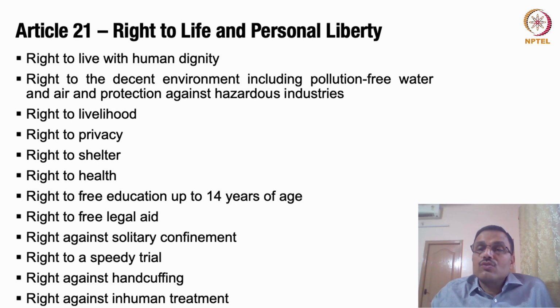Right against inhuman treatment. Of course, there are so many first degree, second degree tortures which are done by the police and by the jailers at times in the prison and in custody. Sometimes they have this tendency of misusing the power because they're within the four walls of the police station. So any kind of inhuman treatment which results in any kind of injury to an individual in custody would entitle him to get rights, and this is a violation of his right to life, because inhuman treatment cannot be administered in any democratic society.